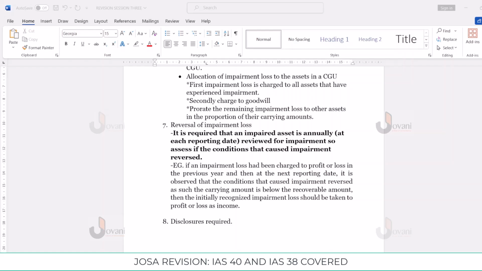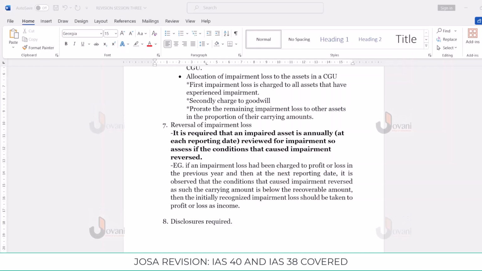Another thing that you should note, under reversal of impairment loss, any impairment loss charged to goodwill cannot be reversed. These are all basics to know. Is that okay? We go to a question now.